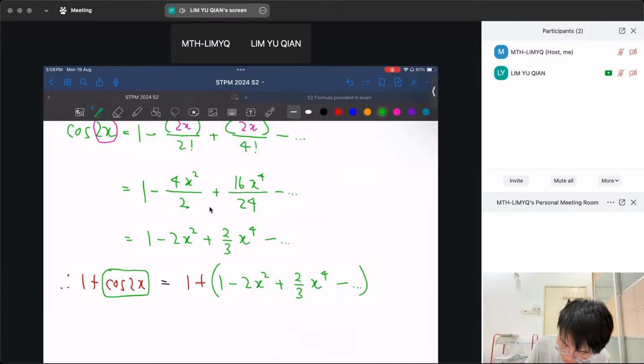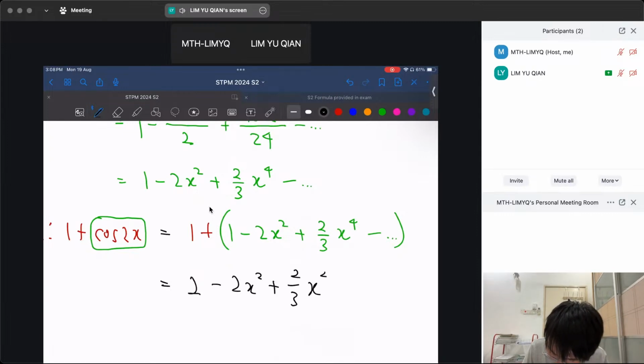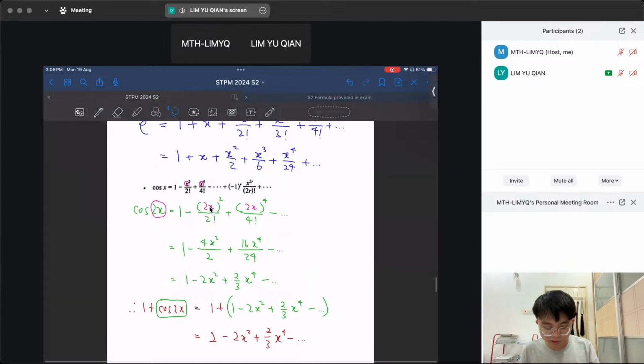So 1 plus 1 is 2. 2 minus 2x squared plus 2 over 3 x power 4 minus dot dot dot. No problem. I think this question is quite easy.